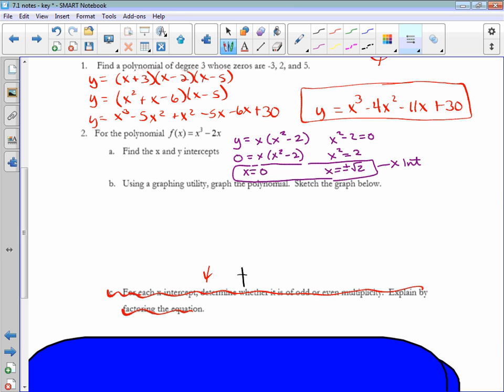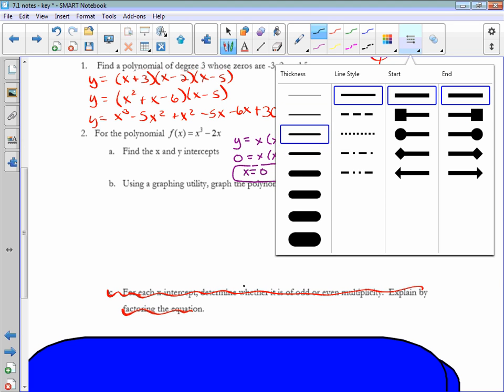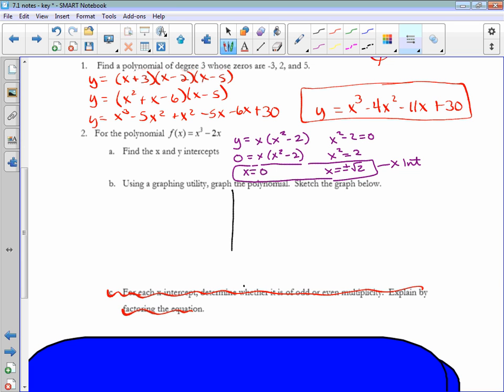Okay? So let's make a little sketch here. Okay, so if I'm plotting my points here, I know I cross the x-axis at 0, and then positive and negative root 2.